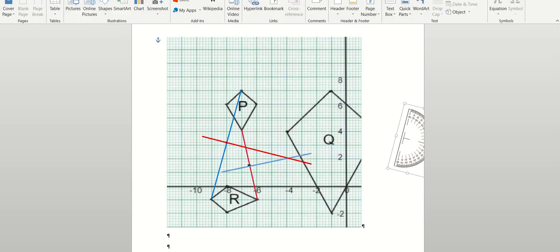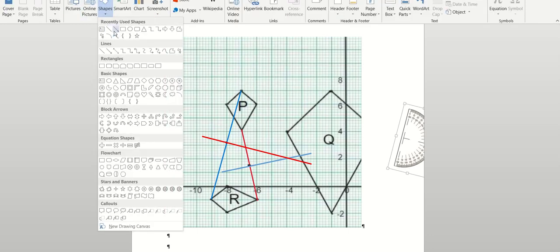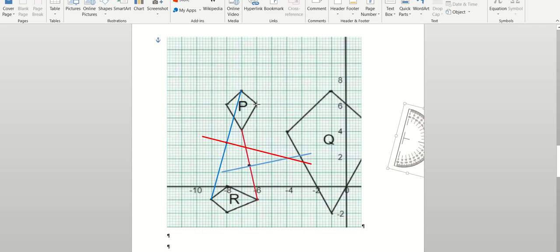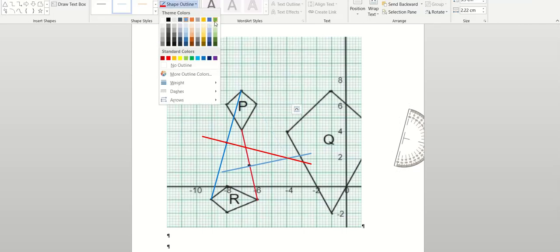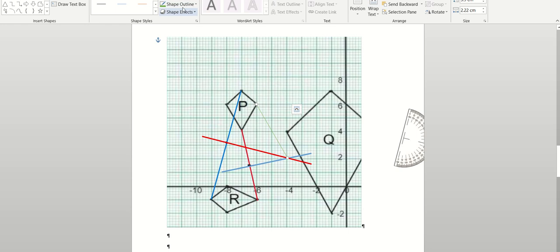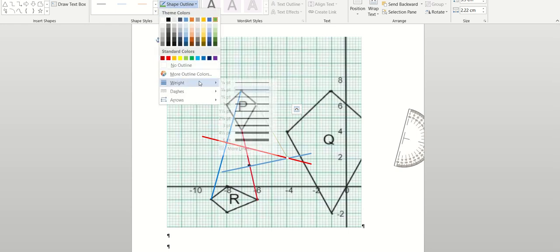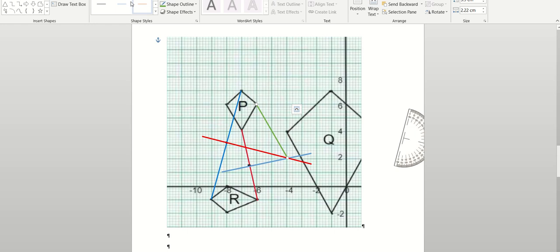The next thing we're going to do is draw two corresponding lines to our center of rotation. So we have this here, right? Let's make this green and make it a little bit bigger so we can see, right? And then we're going to draw the next corresponding line.